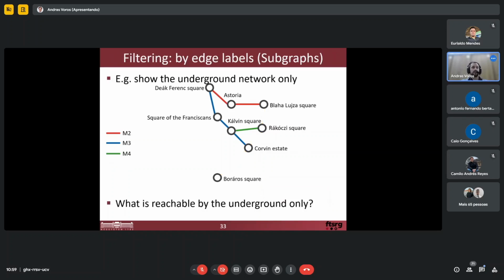And we can just focus, for example, on the underground network only. And we can answer the question of what is reachable by the underground only. And we can use it to answer reachability and other questions. So we had the structural model, and we can develop different views of this model.